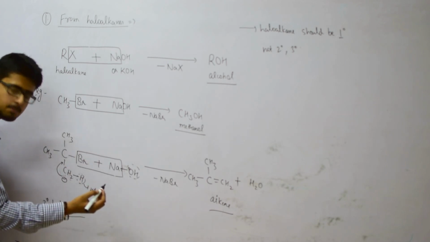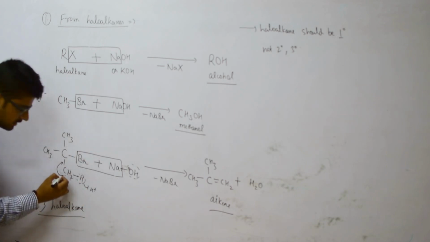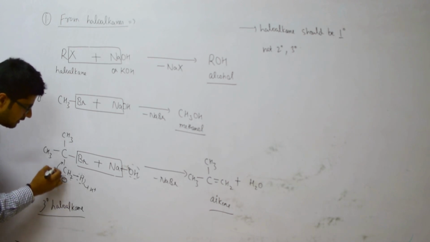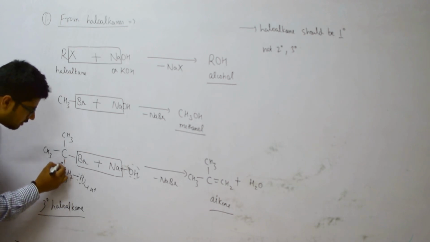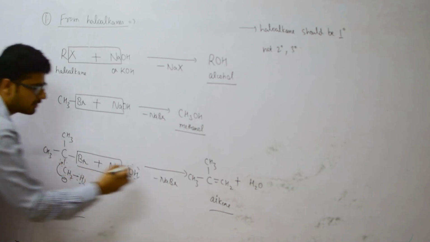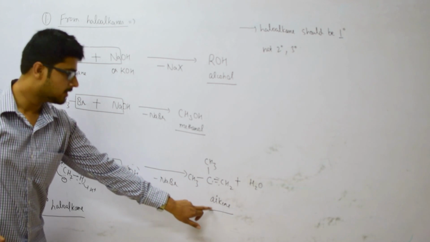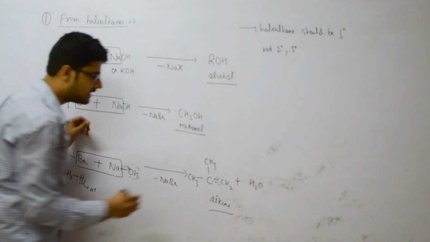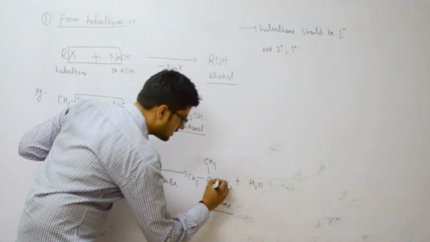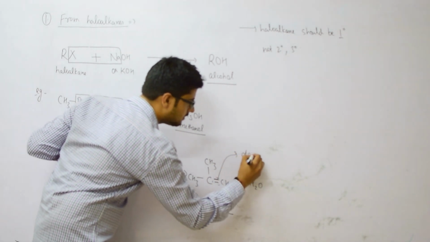Protonation will take place, and this electron further hyperconjugates and leads to the formation of double bond over here, which we are seeing here. And since a double bond is formed over here, it means it is an alkene. So it is our double bond.